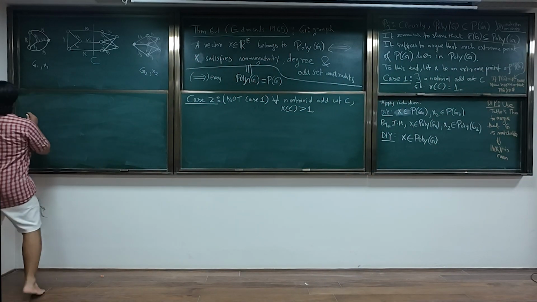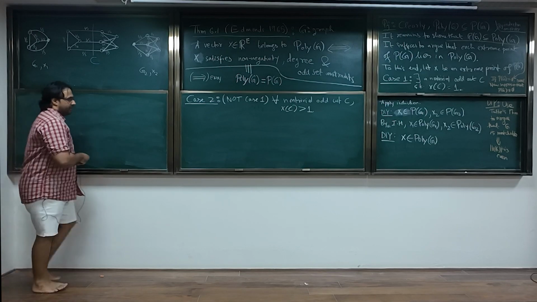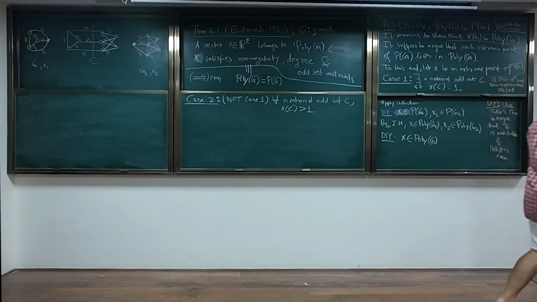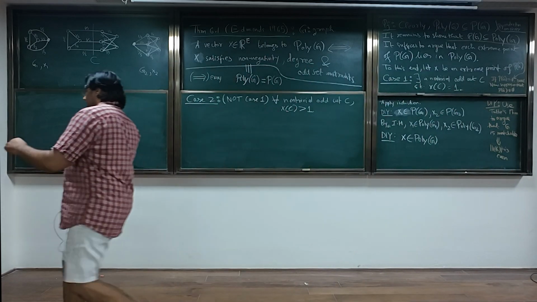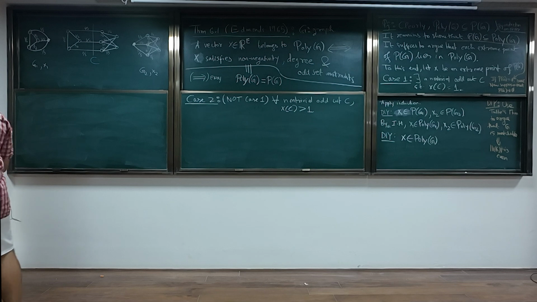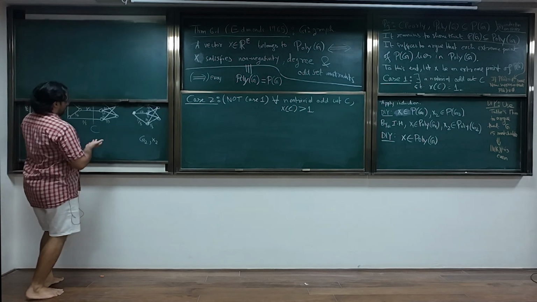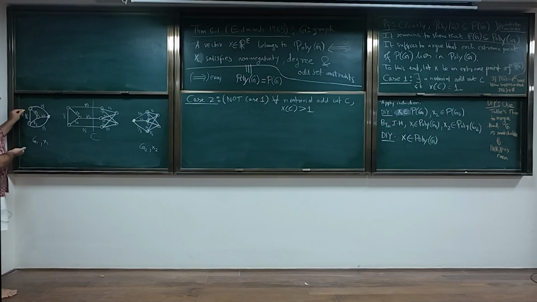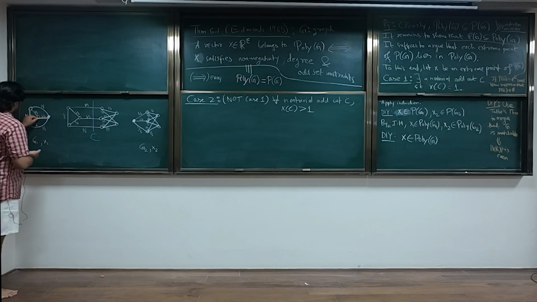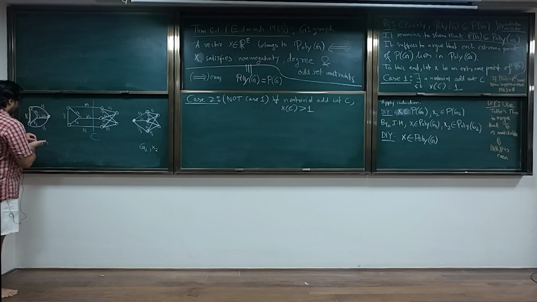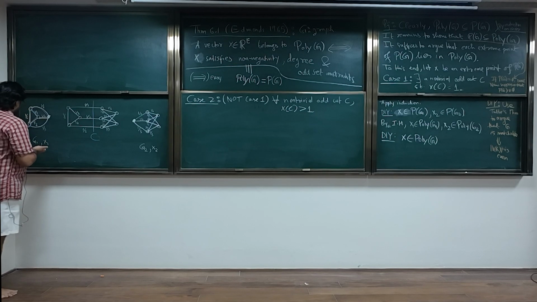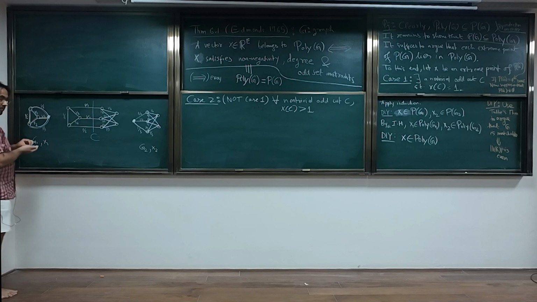One of them is very easy. Maybe I'll use colors now. All right. So this vector is simply 1/6 times M1 plus half times M2 plus 1/3 times M3.